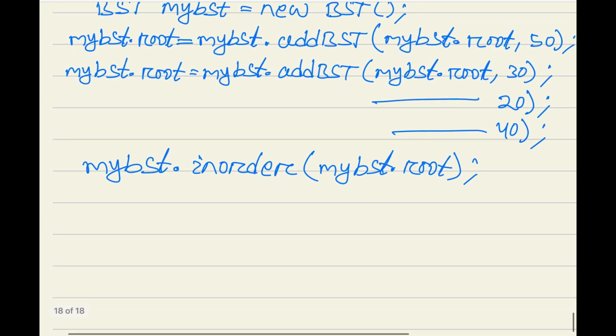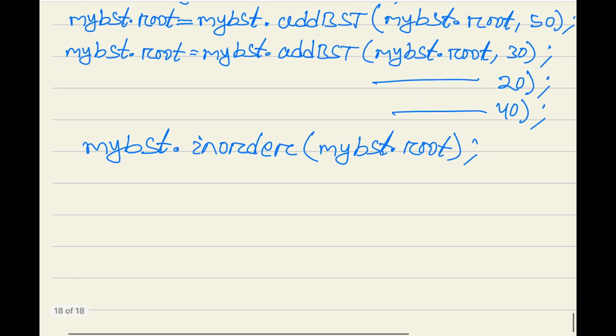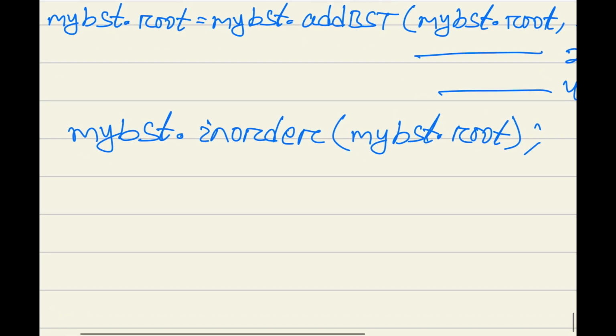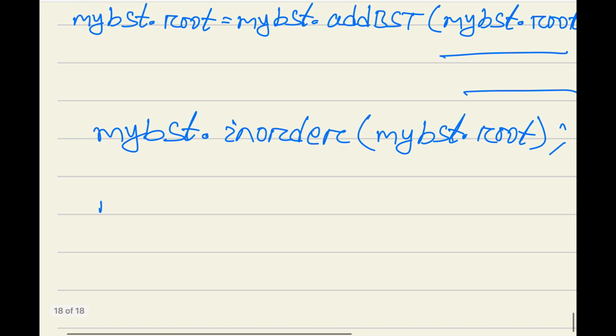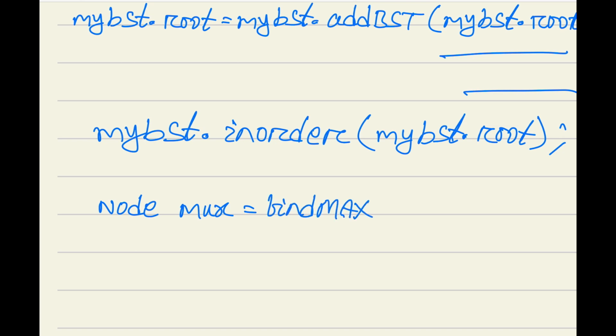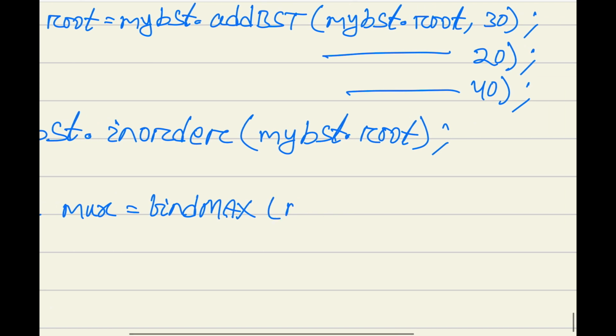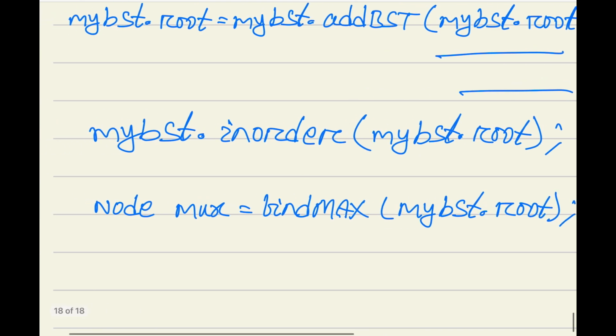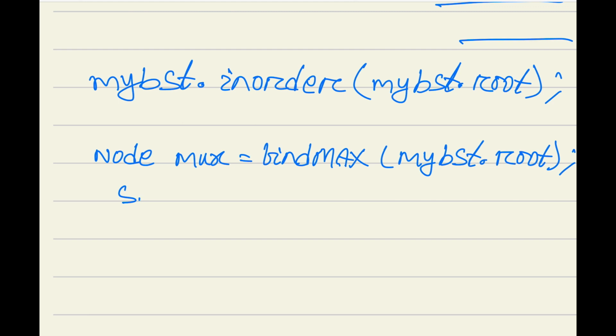Now we can call the findMax method like this. So it is going to return a node. So like this we can write node max equal to findMax myBST dot root. Now we can print system dot out dot println max dot element.